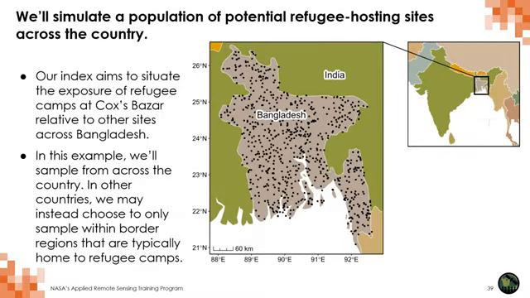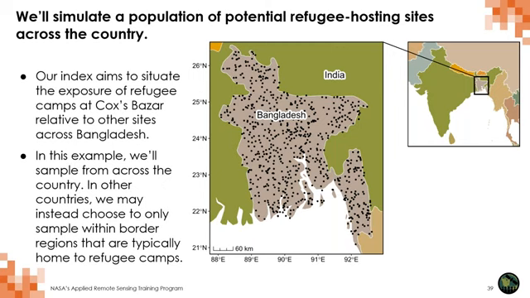And so what we want to do next is then look at the broader context of Bangladesh. And so what we've done here is generated simulated camps that are 1 kilometer in size. And this set of camps we'll use as essentially our population to sample from.